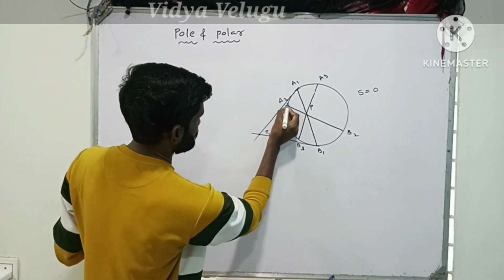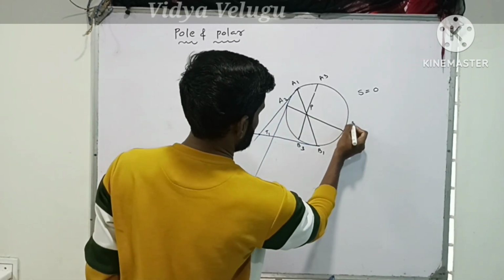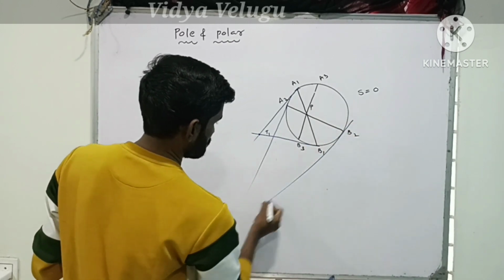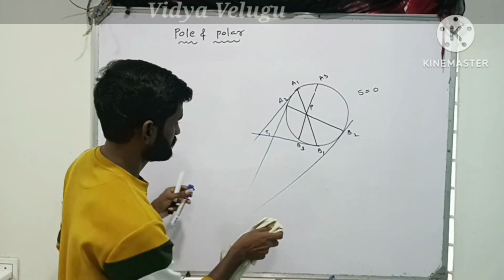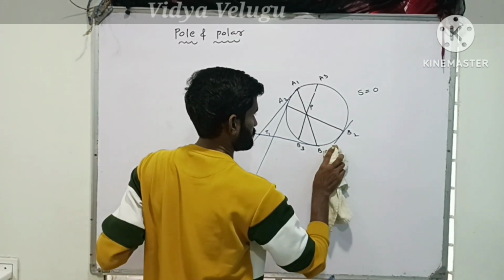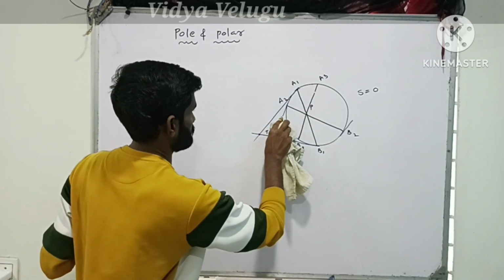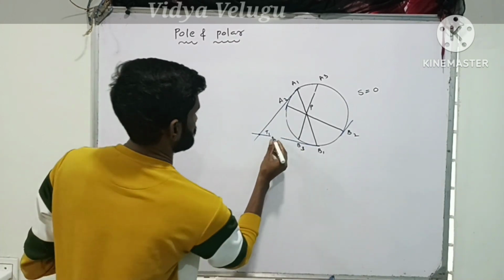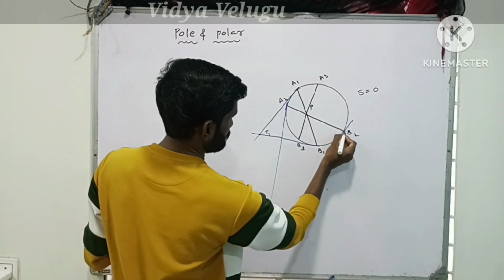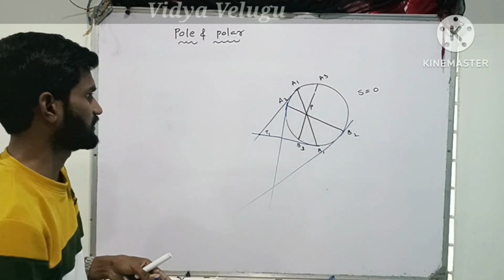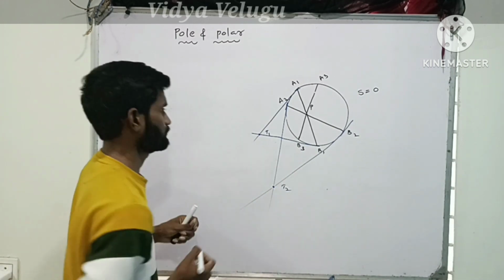So this is the tangent at A2, and this is the tangent at B2. These two intersect at T2.